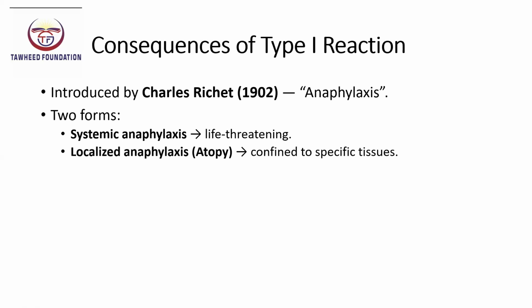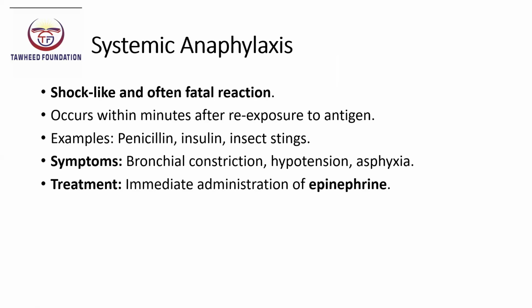There are two main forms: systemic anaphylaxis, which can be life-threatening and affects the whole body, and localized anaphylaxis, also called atopy, which is limited to specific tissues. These reactions demonstrate how an otherwise protective immune response can cause significant harm if misdirected.